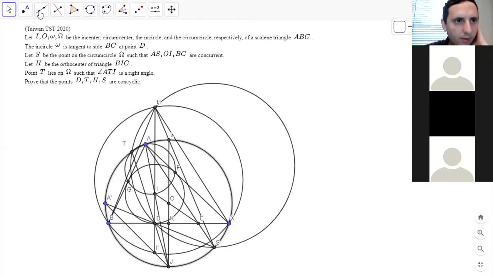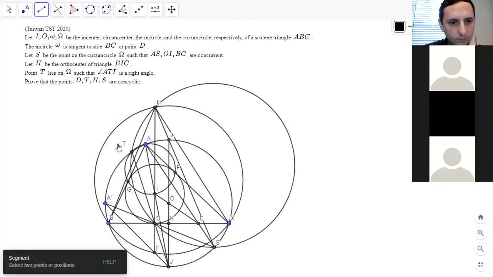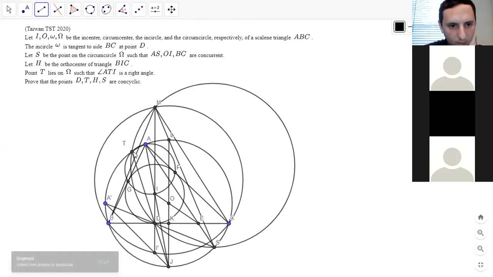BCST. Yeah, and this segment would be concurrent, although I don't know what that does.